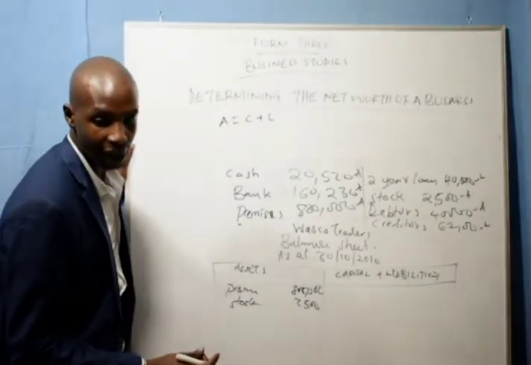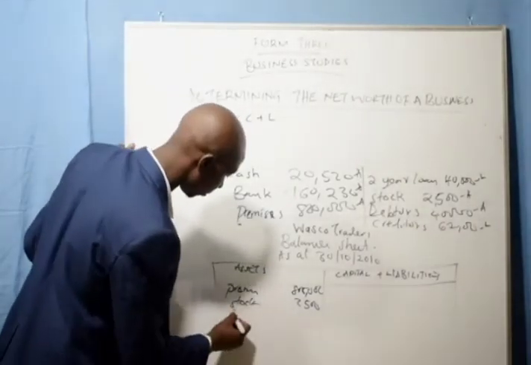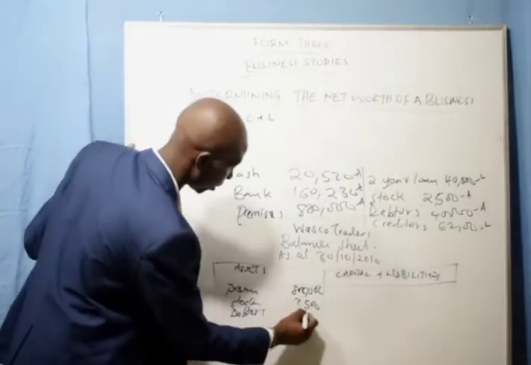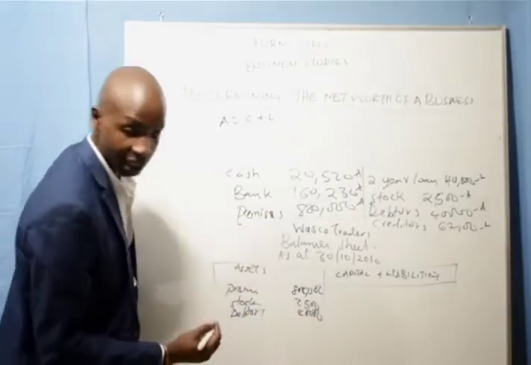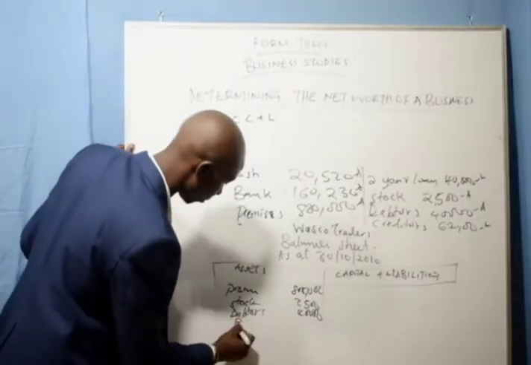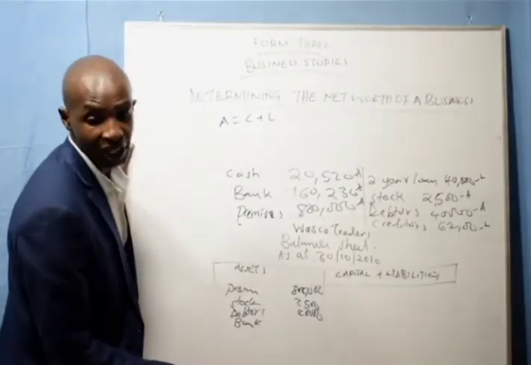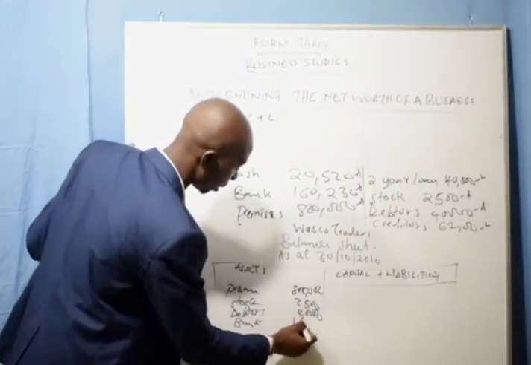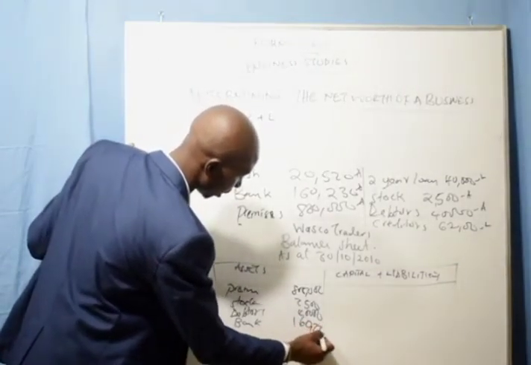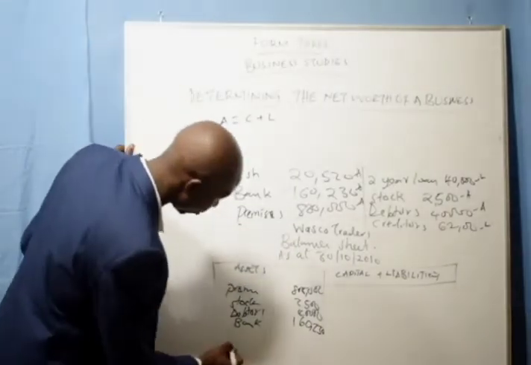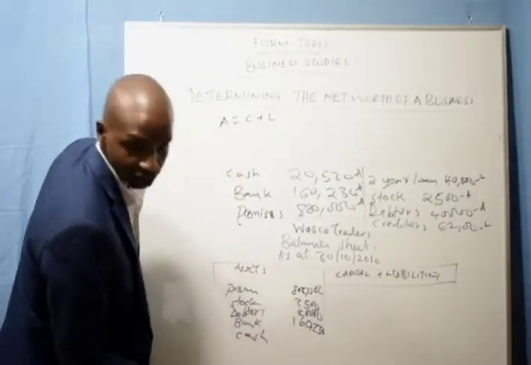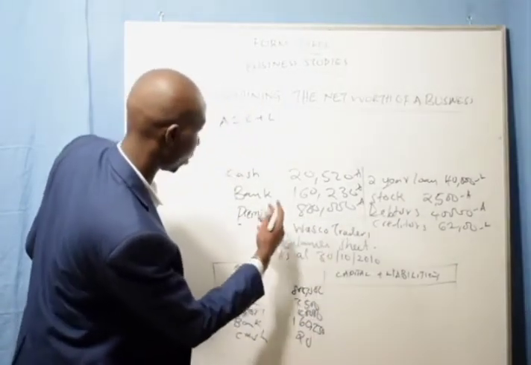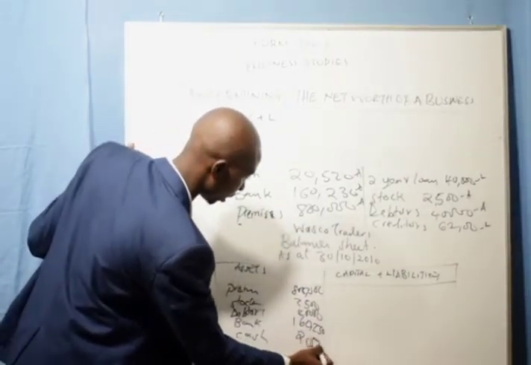And then the debtors, which is 40,000. And then bank, which was 160,230. And lastly, cash, which is 20,520.